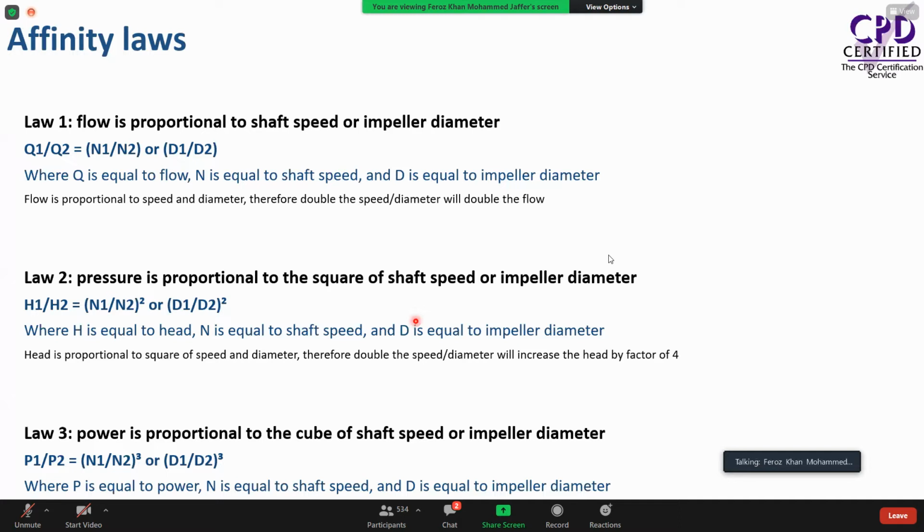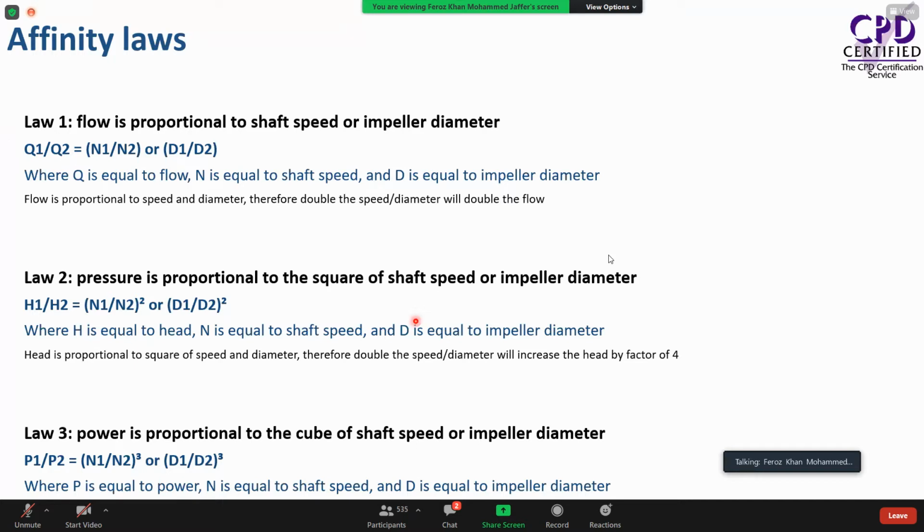So affinity laws. When it comes to centrifugal pumps, we have 3 laws, which are used especially when we need to change something, if we are using a variable frequency drive, or if we are trimming the impellers. When we oversize the pump, we need to adjust the speed or diameter of the impeller where possible.